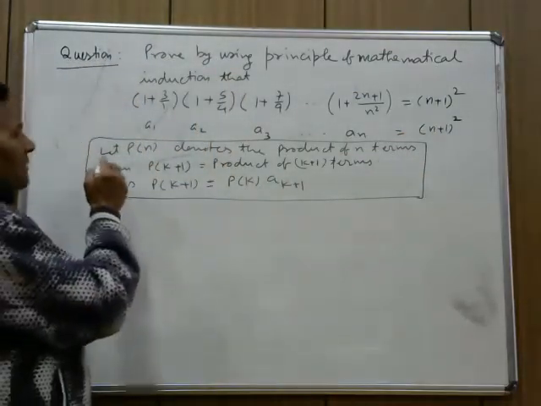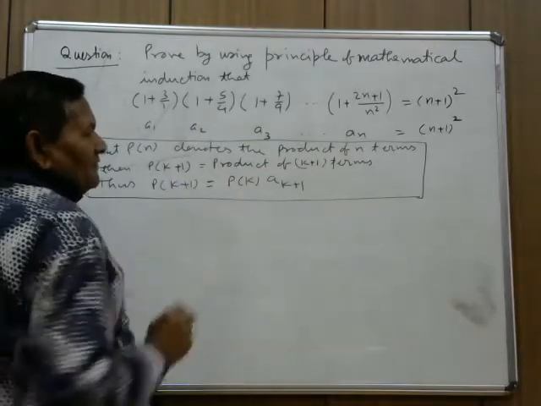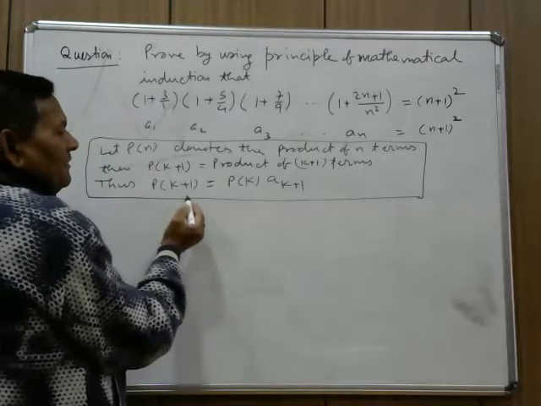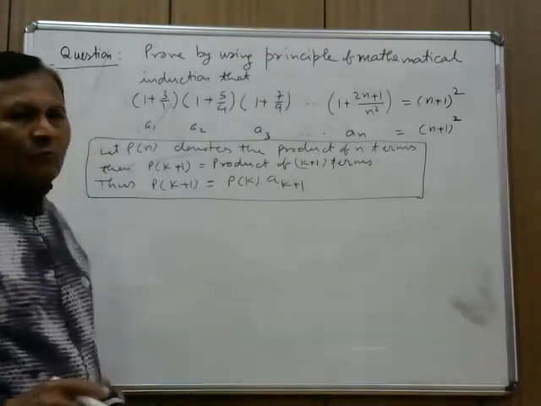In the bracket you see, let Pn denote the product of n terms. Then Pk plus 1 is the product of k plus 1 terms. Thus Pk plus 1 can be written as the product of k terms multiplied by the k plus 1th term.